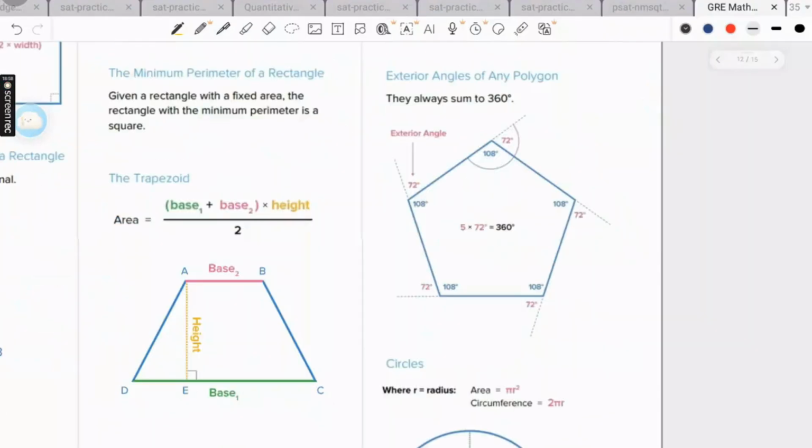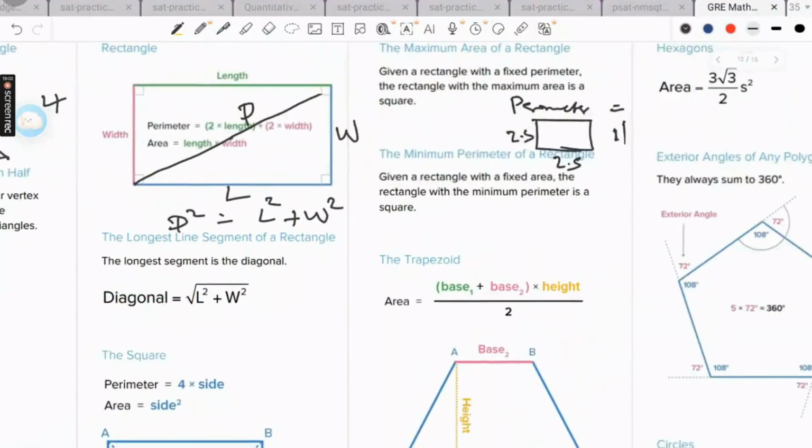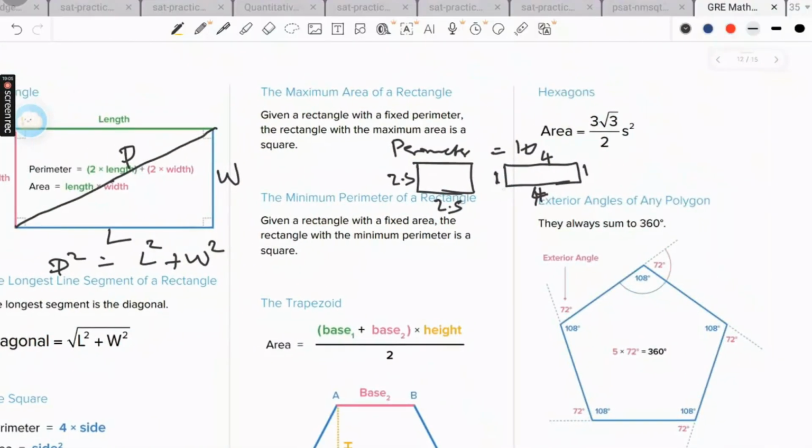So in the current diagram, the area of the 1 by 4 is 4 times 1, so the area here is 4, and the area here is 2.5 times 2.5. You will notice that 2.5 times 2.5 is more than 4.